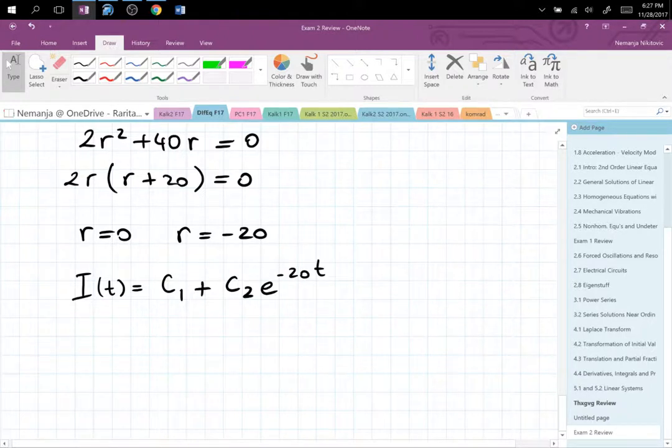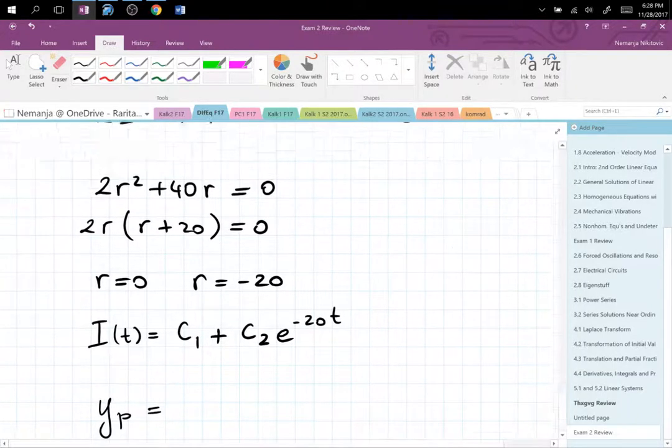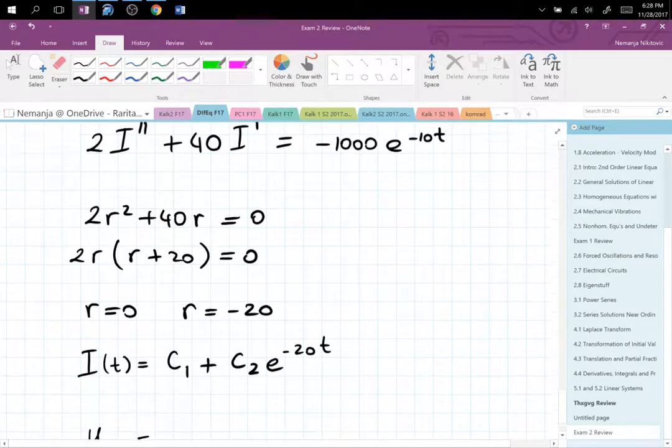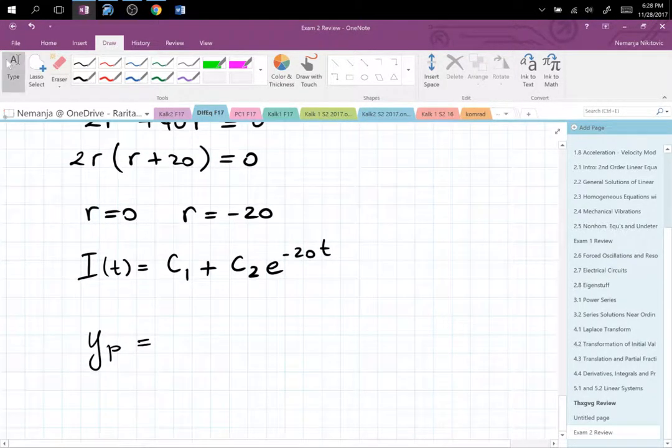All right, now what? Once you differentiate it, we have to calculate the particular solution. What is the way we calculate the particular solution? Right, two derivatives. Very good. So for our particular solution, I have negative 1000 e to the negative 10t.